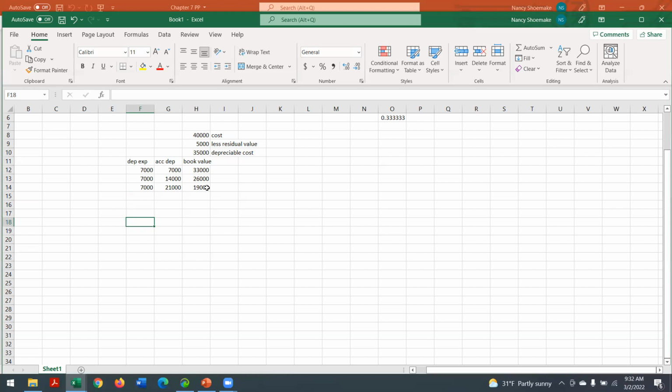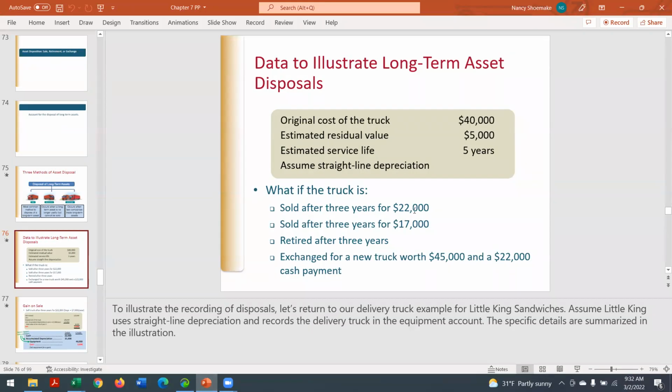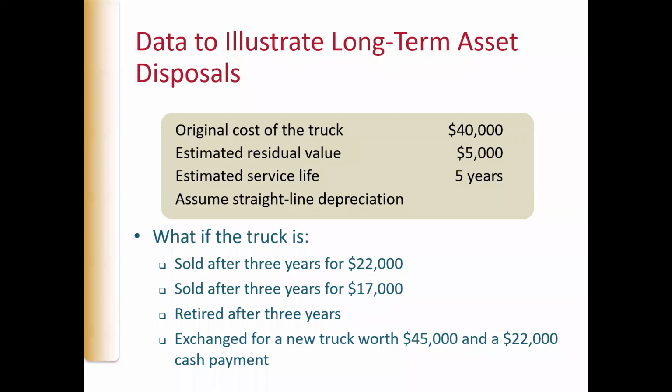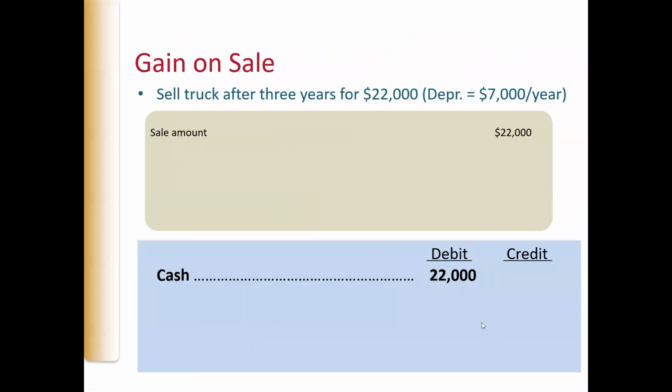Okay. Now the question said we sold it for 22,000 after year 3. So you see what we've got here is the sale amount of 22,000.